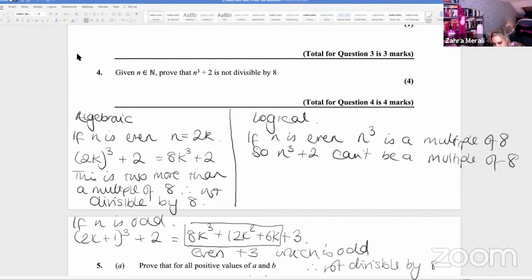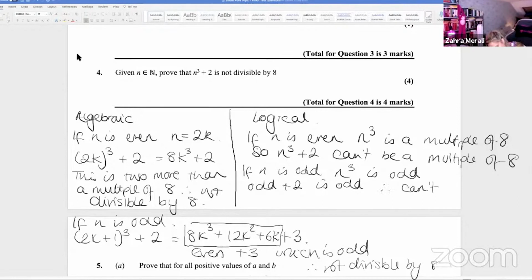And if n is odd, that means n cubed is odd. So an odd number plus 2 is odd, because an odd number plus 1 is even, therefore can't be a multiple of 8. Sorry, that's just copying it down, being lazy to write.